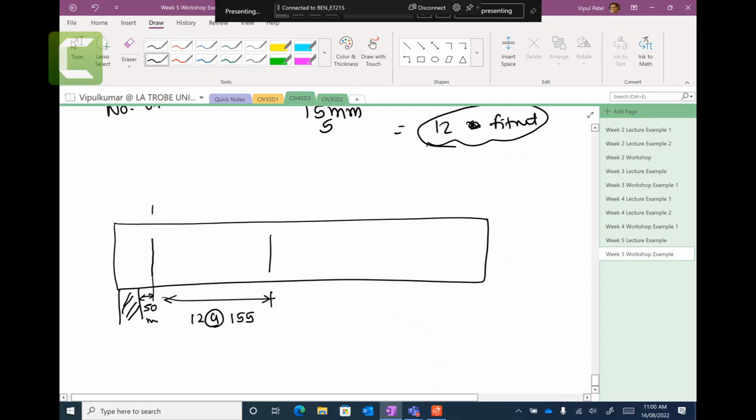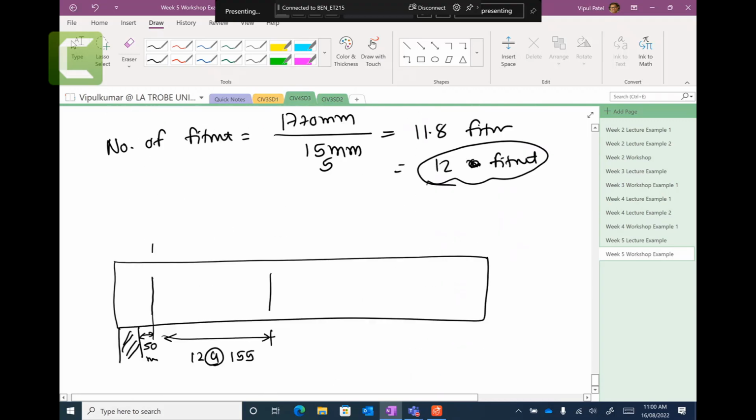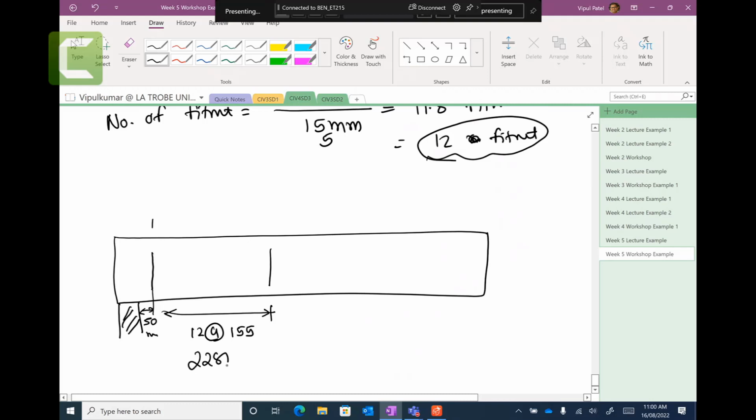And this distance would be considered as 2287 millimeters, right? So I hope it is understood. You don't need to show all these 12 fitments because you can't fit them, but 12 fitments at a spacing of 155 millimeters will do the job.